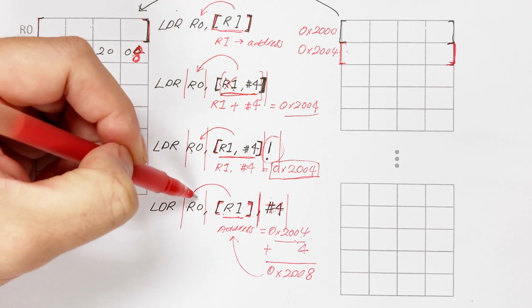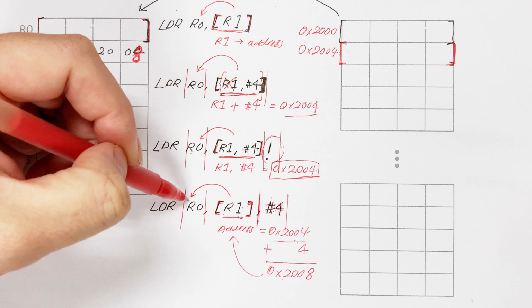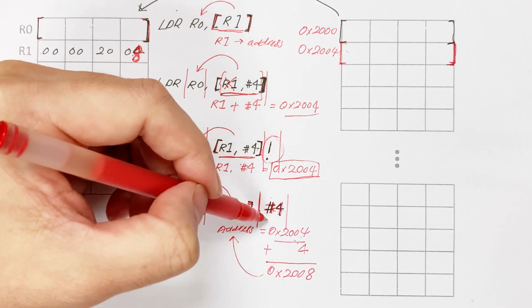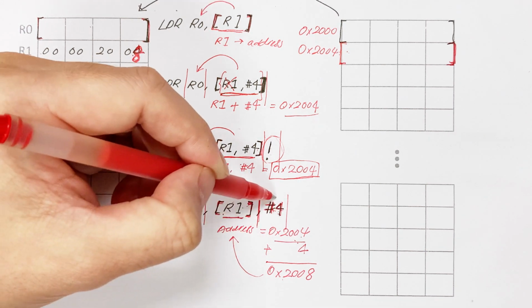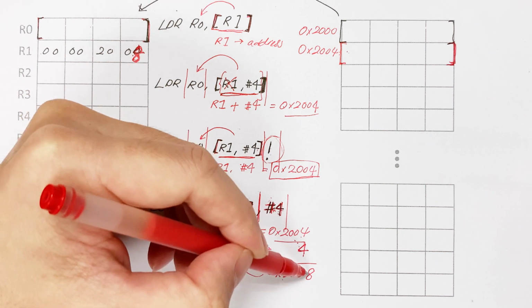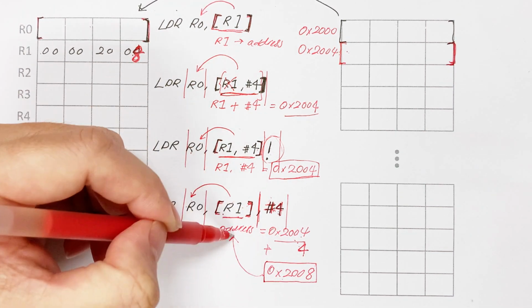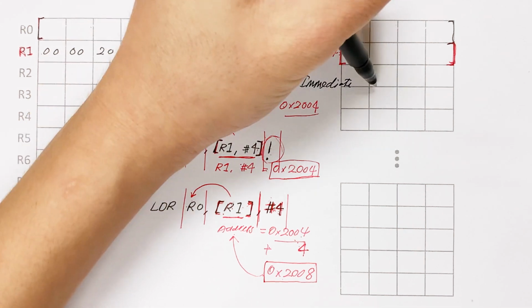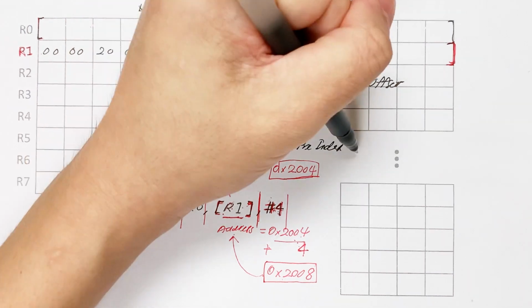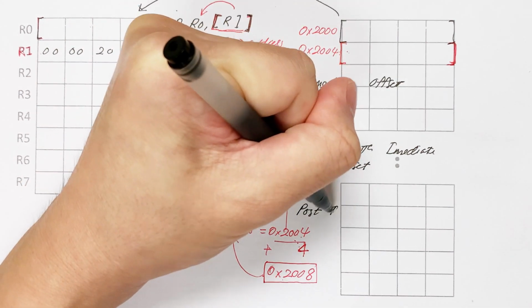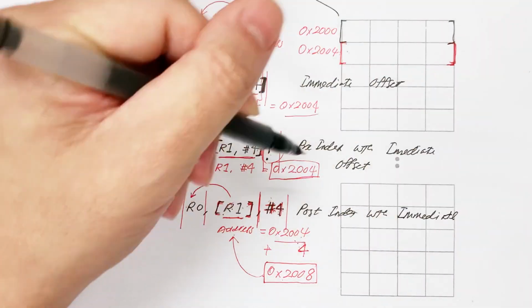Once we complete the transfer from memory to the register, we have to do another post-index operation where the address is added to the immediate post-index offset, in this case 4, and the new address is 2008, and this value will be replaced into register 1. And there you have it. We have the addressing mode for immediate offset, the pre-index with immediate offset, and lastly the post-index with immediate offset.